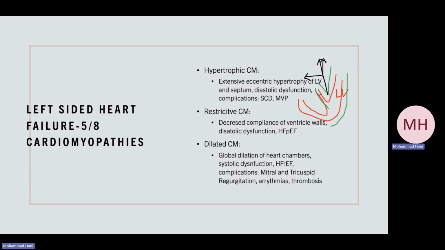Then you have dilated cardiomyopathy. Dilated cardiomyopathy is the most common type of cardiomyopathy, in which you get global dilation of all four heart chambers, leading to systolic dysfunction. It is somewhat the opposite of hypertrophic cardiomyopathy: in hypertrophic you get thickening, and in dilated you get thinning of the ventricles.